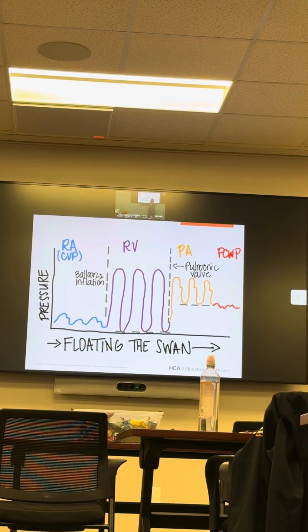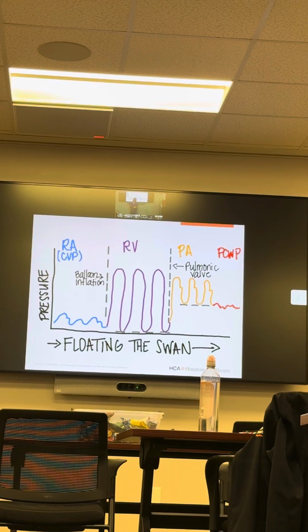But the balloon is still up because we're trying to float it into place. So it will continue its path until it is wedged up against the pulmonary artery and stops moving. Once that happens and it is wedged into place, it basically is pressurizing that pulmonary capillary bed so that it can see into the left atrium.